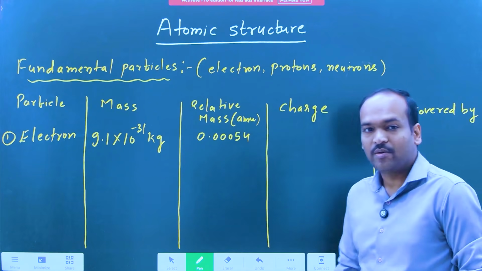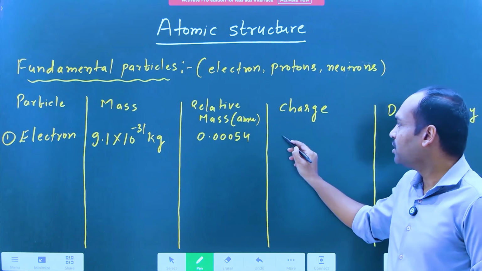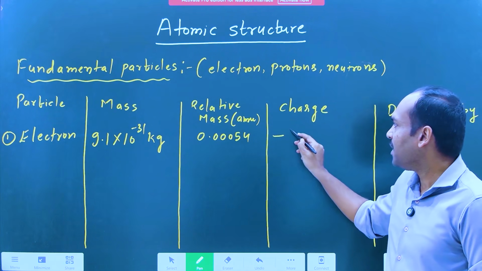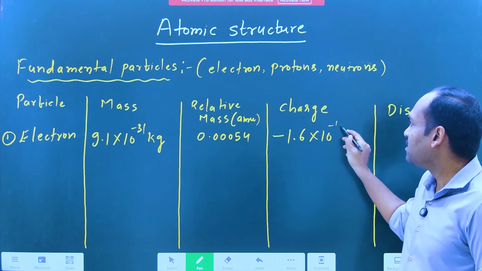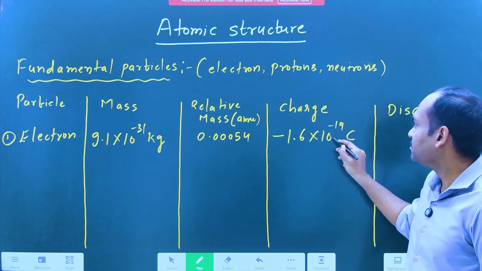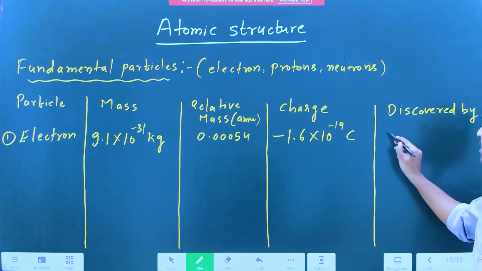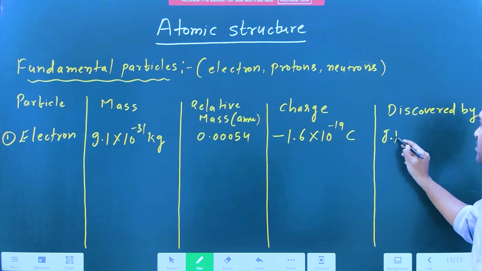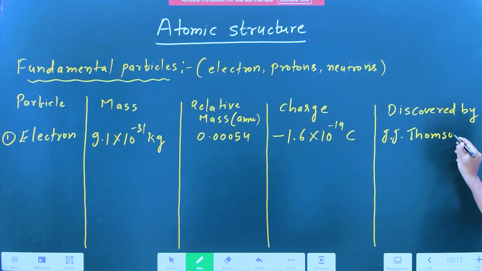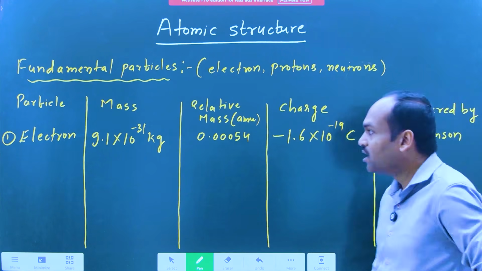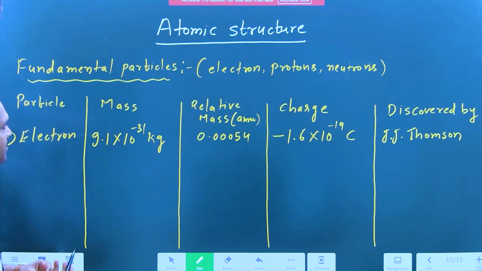As compared to proton and neutron, this is negligible. The charge on the electron is negative, minus 1.6 into 10 power minus 19 coulomb. It was discovered by J.J. Thomson.